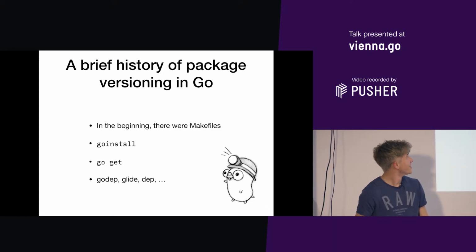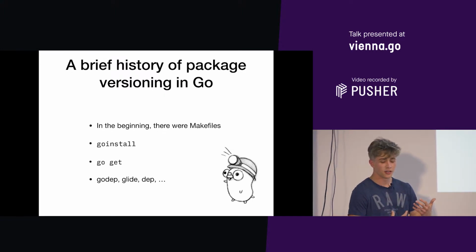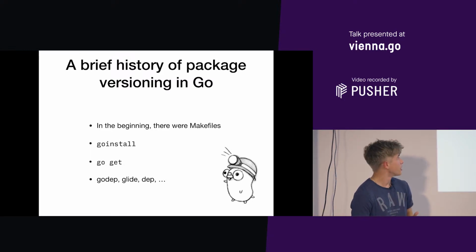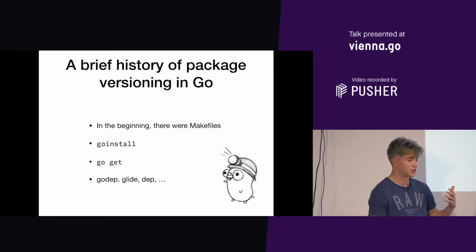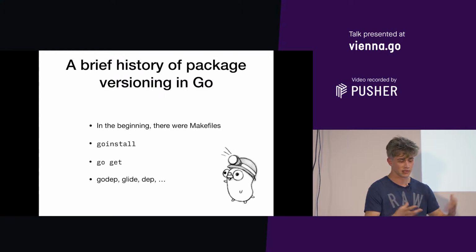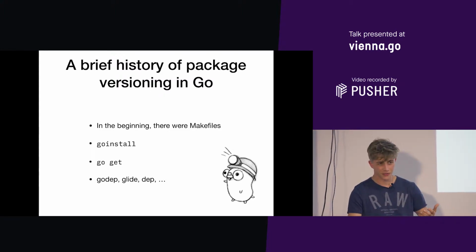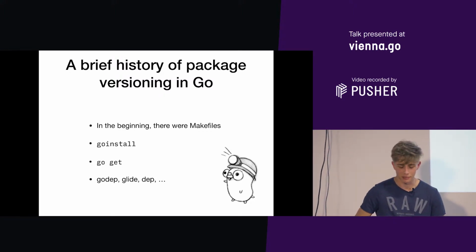Okay. So I'm going to start by talking about how Vgo came to be. In 2009, when Go started, there was basically just a go build command, which let you build a single package and created a makefile for it. So it was very simple, very basic, but it worked at the time.